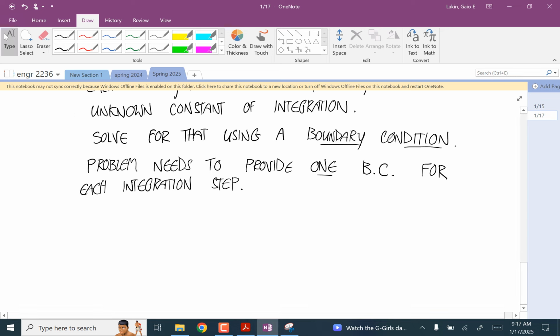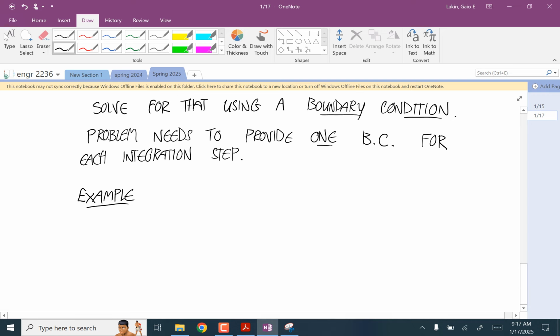Okay. All right, so first example. We have this differential equation that says y dot is equal to y squared t squared, where when time is equal to 0, y is equal to 10. Okay, and we want to solve this.